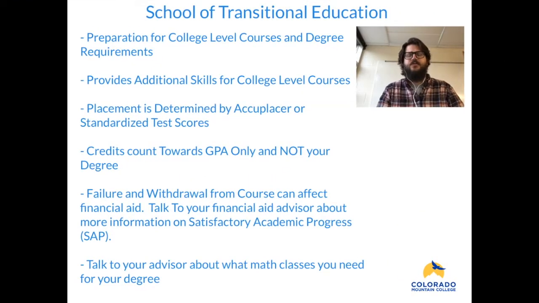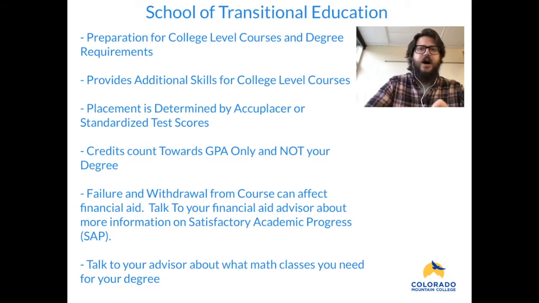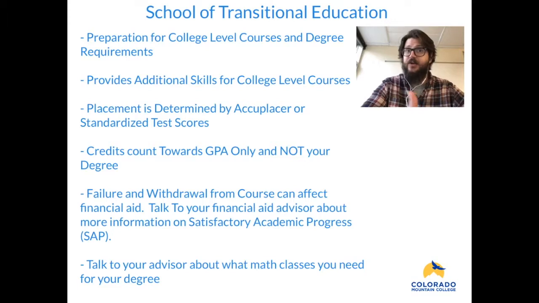Okay, so I just wanted to talk to you a little bit about the School of Transitional Education. This school is also called the School of Developmental Education, and the point of these classes in this part of Colorado Mountain College is to prepare you for college level courses and your degree requirements.